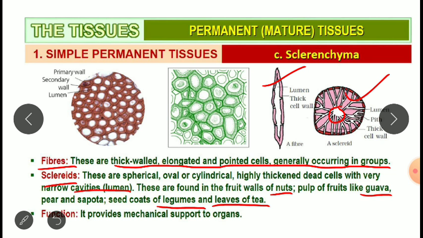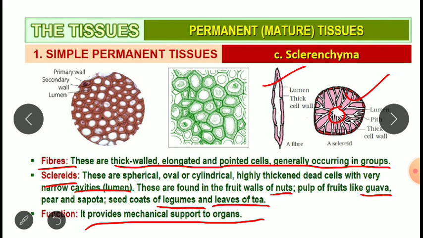The main function of this sclerenchyma is to provide mechanical support to the organs. So remember, parenchyma and collenchyma are the living tissues. Parenchyma is known as the living storage tissue.